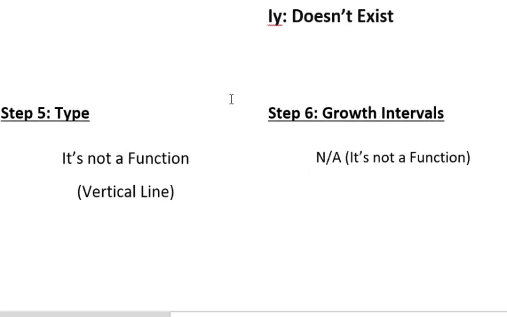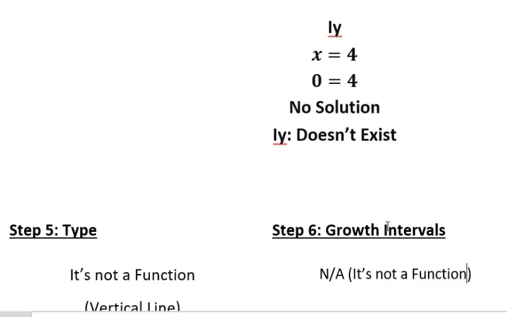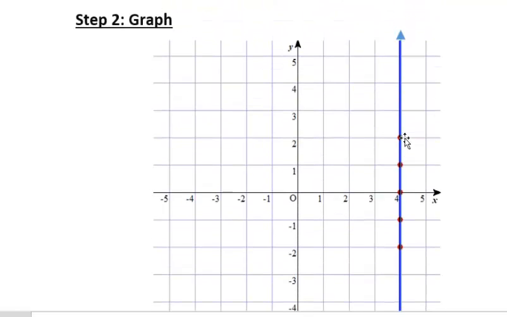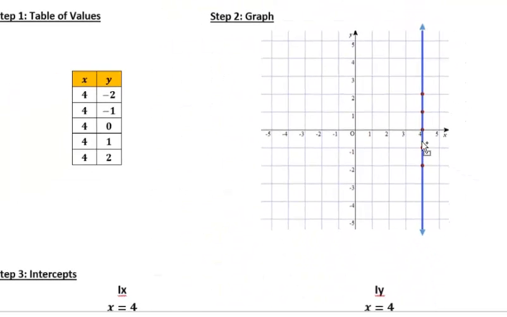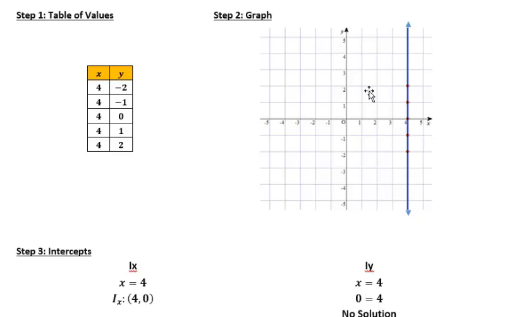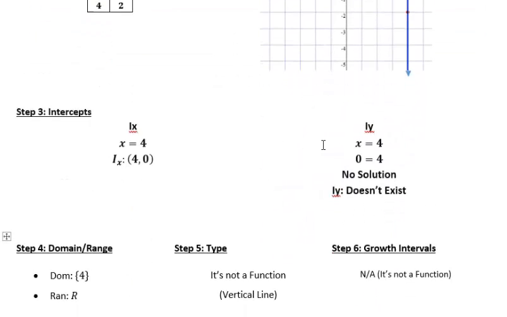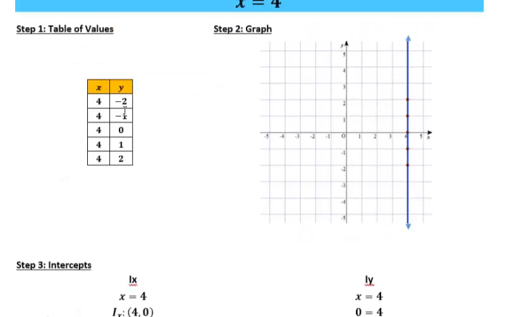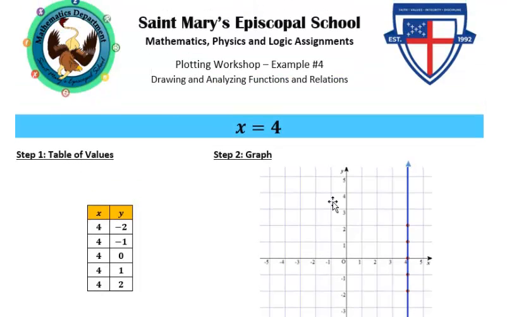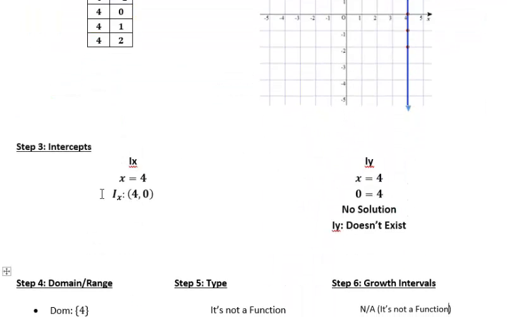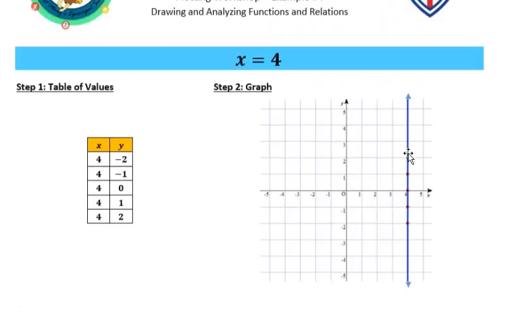If it's not a function, you cannot check growth intervals. It's impossible to check growth intervals on something that is not a function. So those will be all of the steps to basically plot and analyze a vertical line.